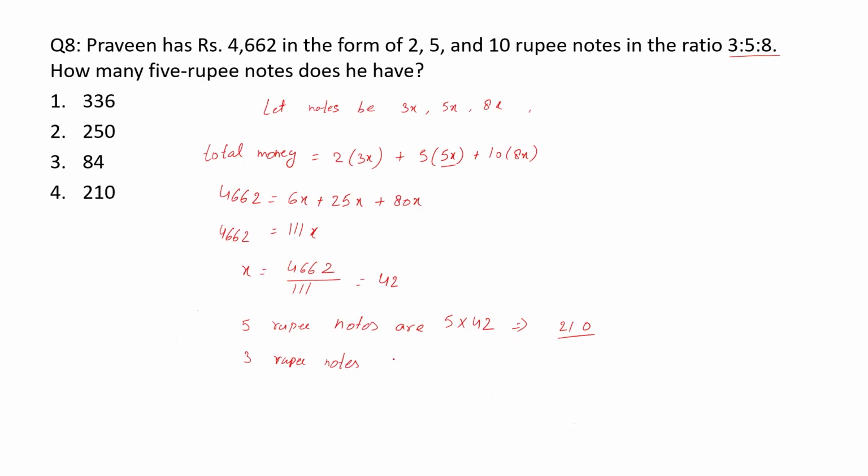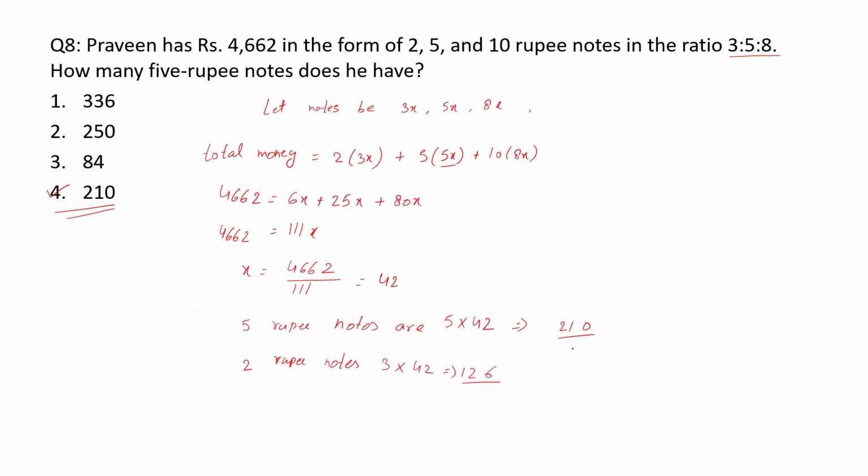Similarly, you can calculate the 2 rupee notes also. How many 2 rupee notes will be there? Remember, you have 3 portions, so 3 into 42, that means 126 notes.